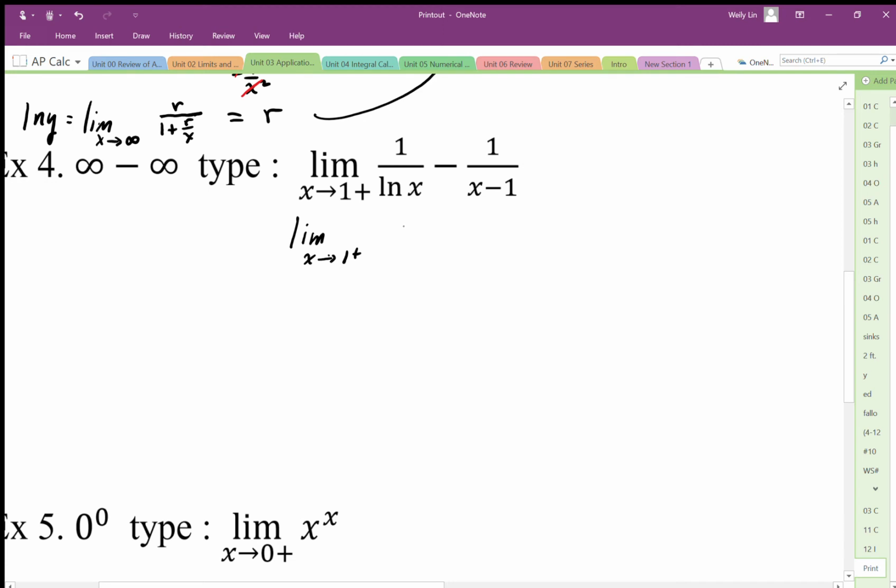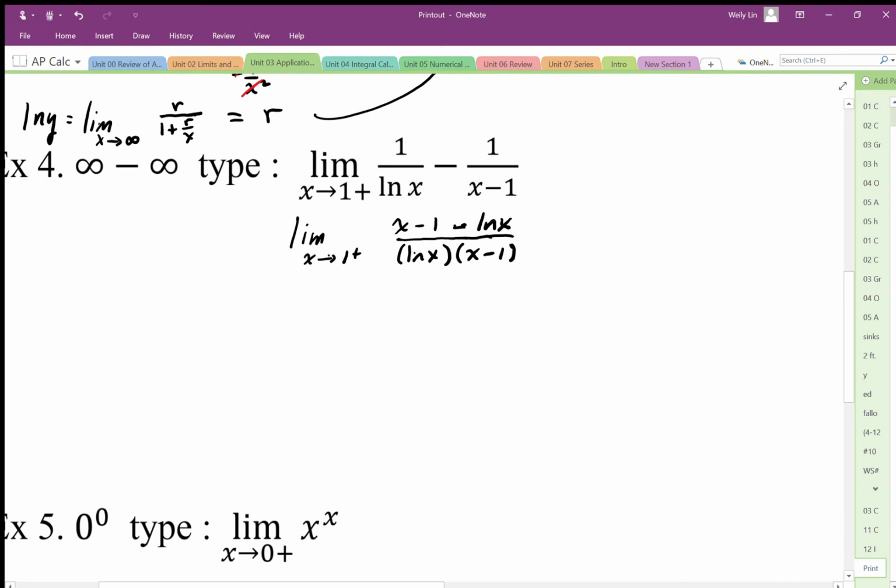This is going to end up being x minus 1 minus log x, all over the common denominator of log x times x minus 1. Okay, so there we go.